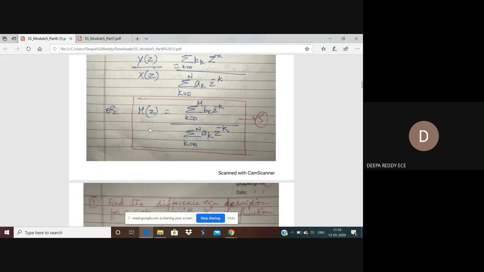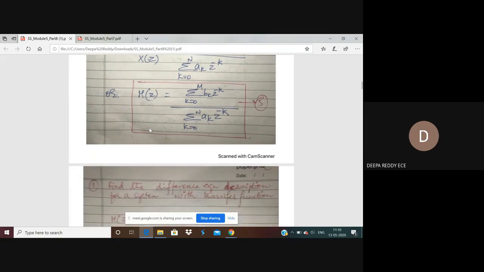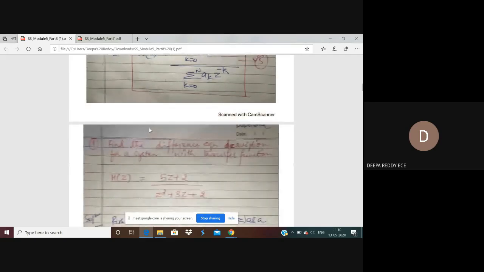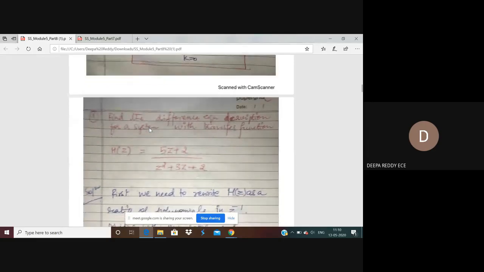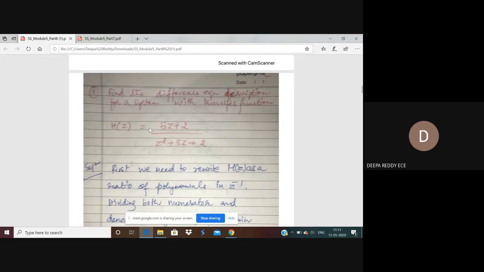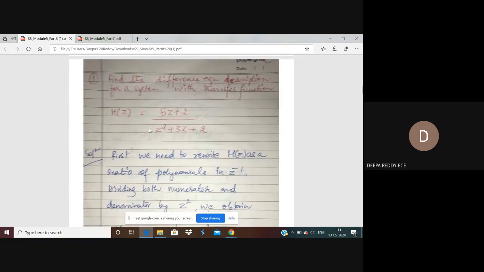With this short introduction, we will try to solve a numerical where H(z) is given, and we will try to find the difference equation description for it. So let us take up the first question. Find the difference equation description for a system with transfer function H(z), which is given to us.